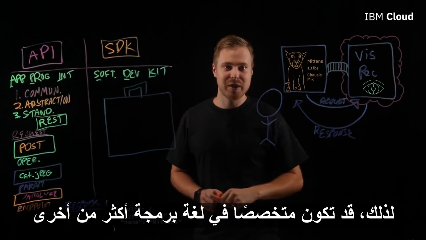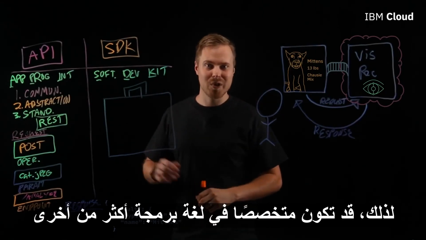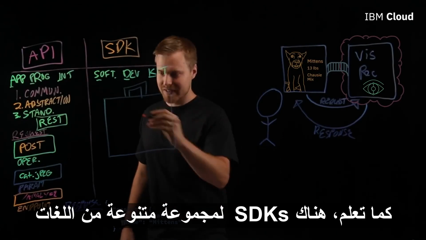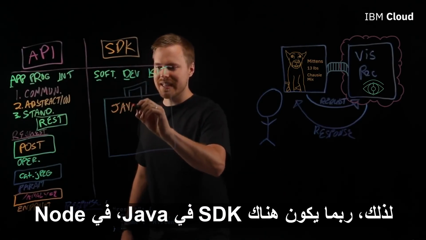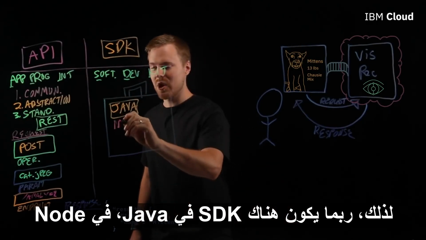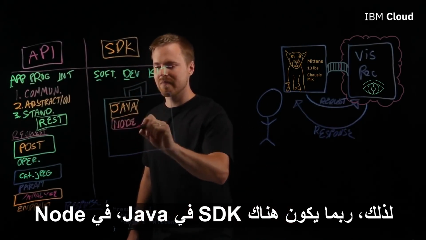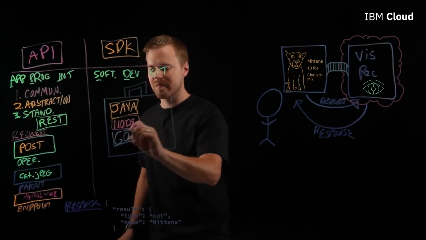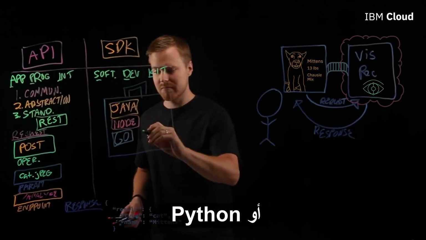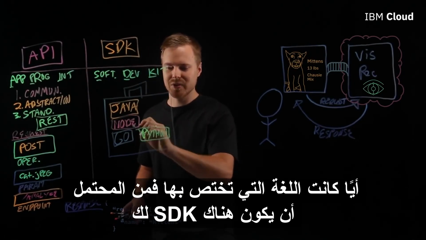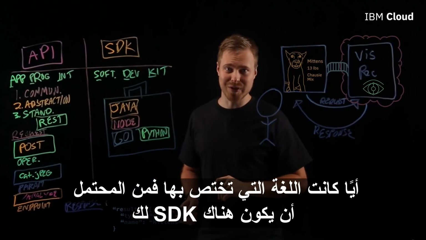You may be specialized in one programming language over the other. There's SDKs in a variety of languages. So there's maybe an SDK in Java, in Node, maybe Go, or Python. Whichever language is your specialty, there's probably an SDK for you.